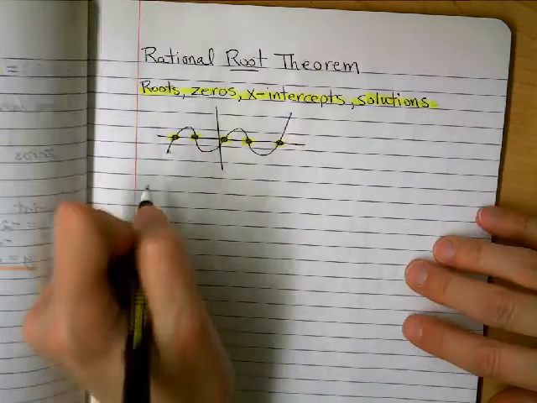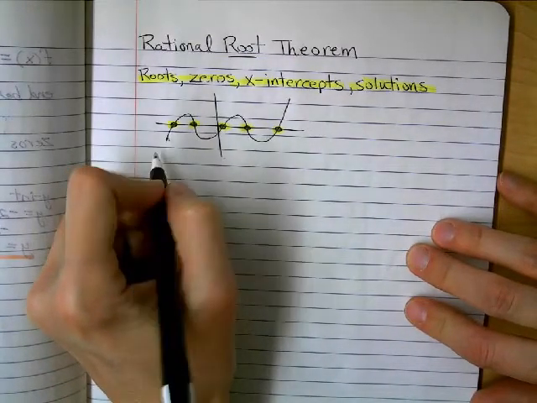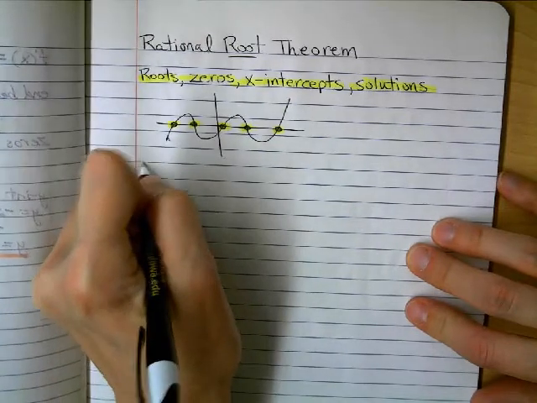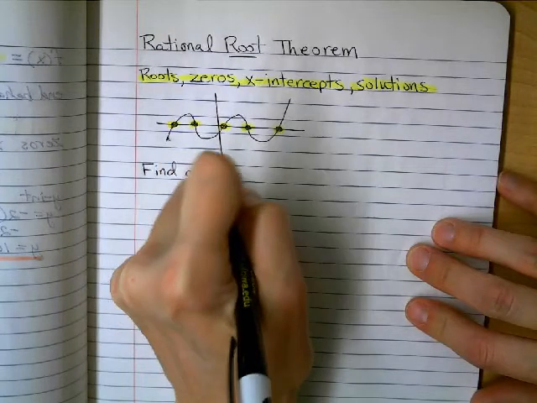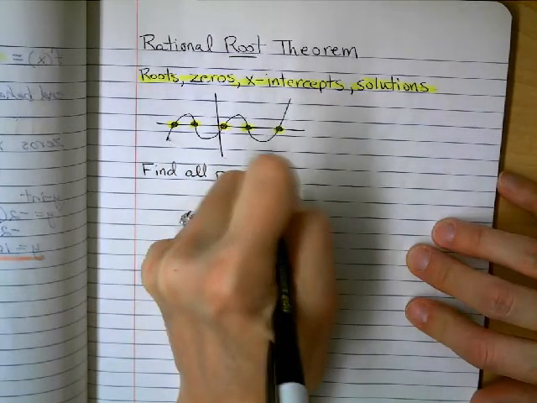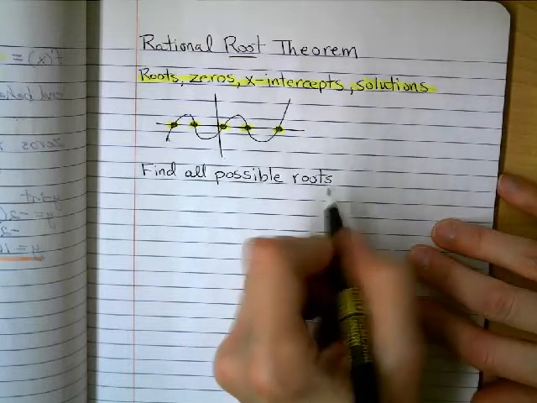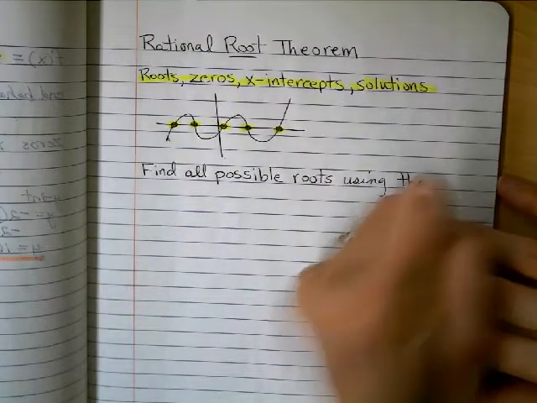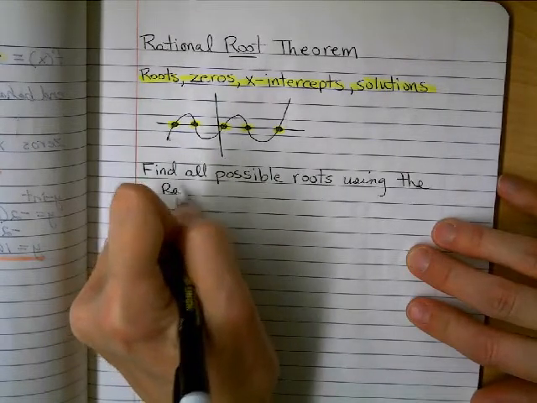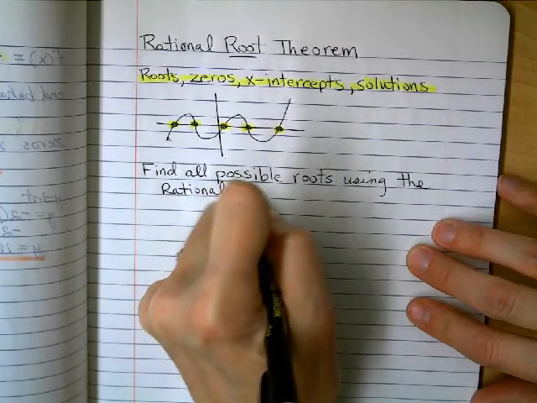So let me give you an equation and we'll try one. It's going to say find all possible roots using the rational root theorem or rational zero theorem.